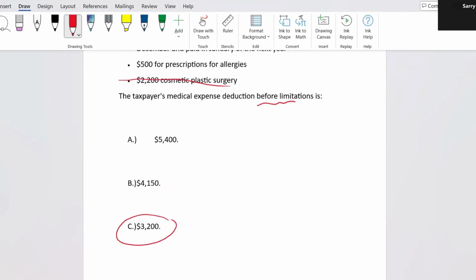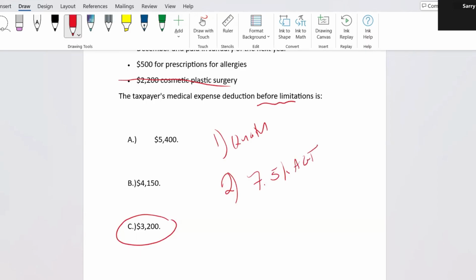Now, to give you a little bit more information about what that means, before limitation. If the question is asking how much can he actually deduct as an itemized deduction, then the first step is you calculate the qualifying expenses, which we just did, which is 3,200. The second step is we remove the 7.5% AGI floor.